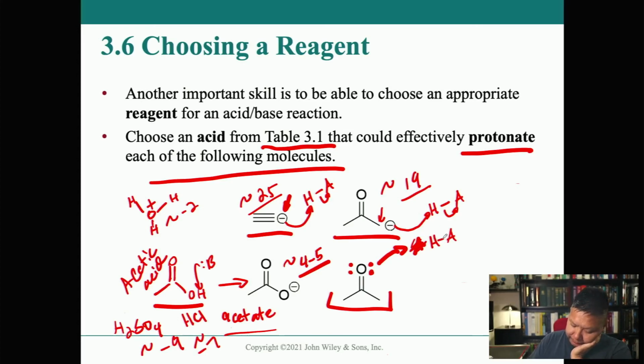The form that is acidic, which is this, has a pKa of about -7.